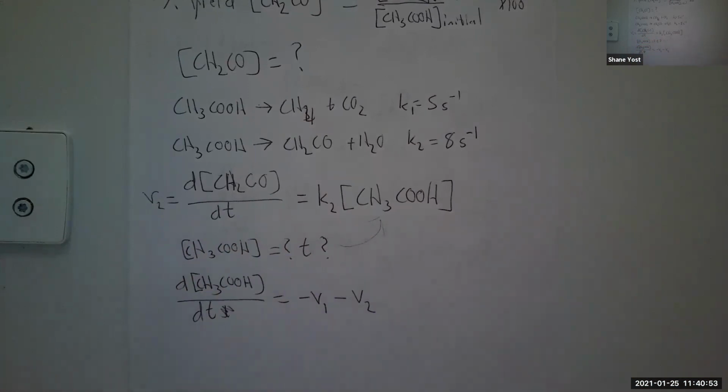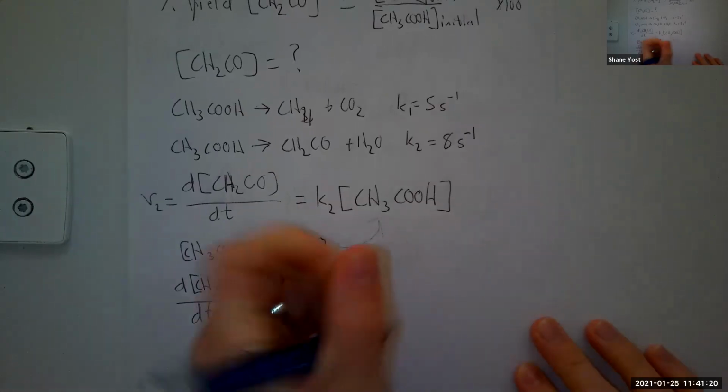We know that because the rate of change of a reactant is related to the rate of the reaction by the stoichiometric coefficient, which is just 1 in this reaction. So the rate of change of CH3COOH is equal to minus the rate of each reaction, so the total rate of change is the sum of these two things.